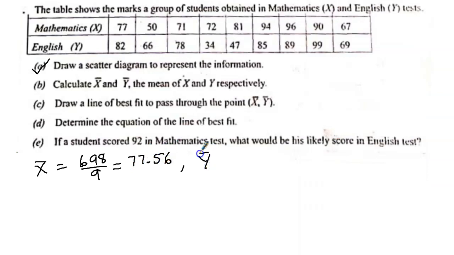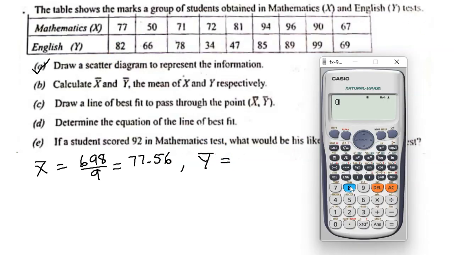77.56. Then the mean for English, we're going to add everything up here and divide by 9. So 82 plus 66 plus 78 plus 34 plus 47 plus 85 plus 89 plus 90 plus 69.